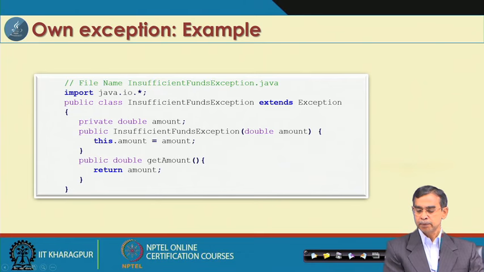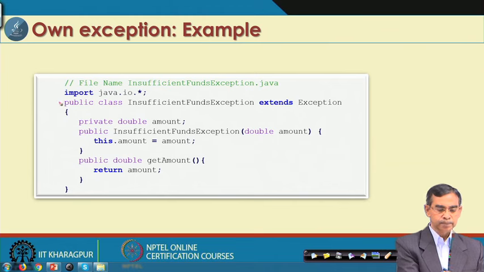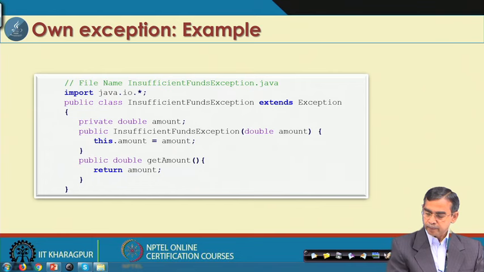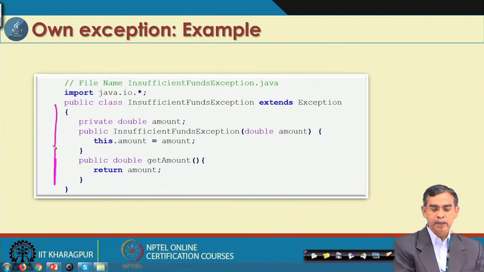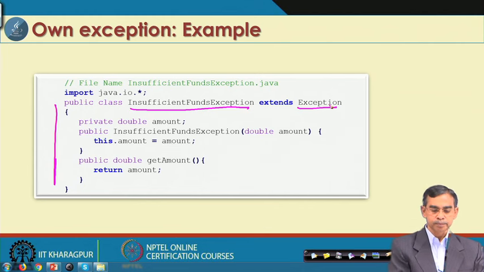Now, this is a very simple program, and here we can see this is the user defined class. The name of the class that we have defined is InsufficientFundException, which is a derived class of Exception.